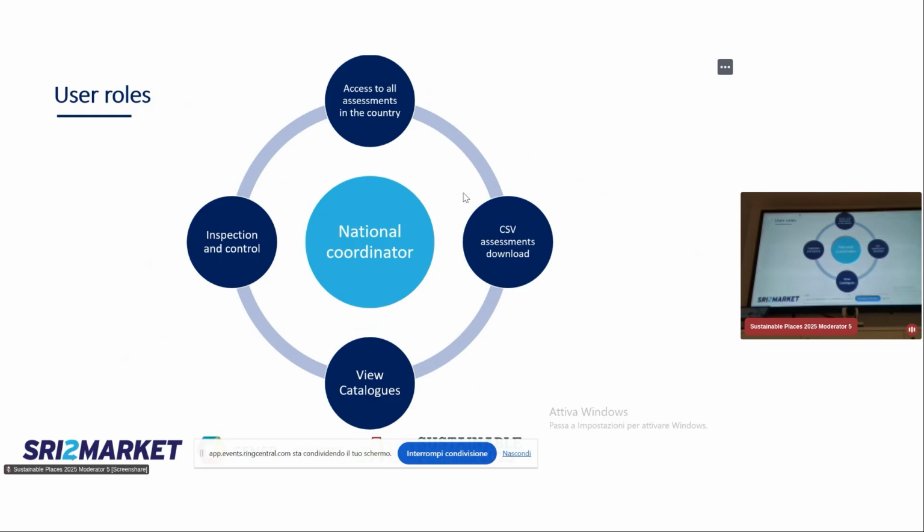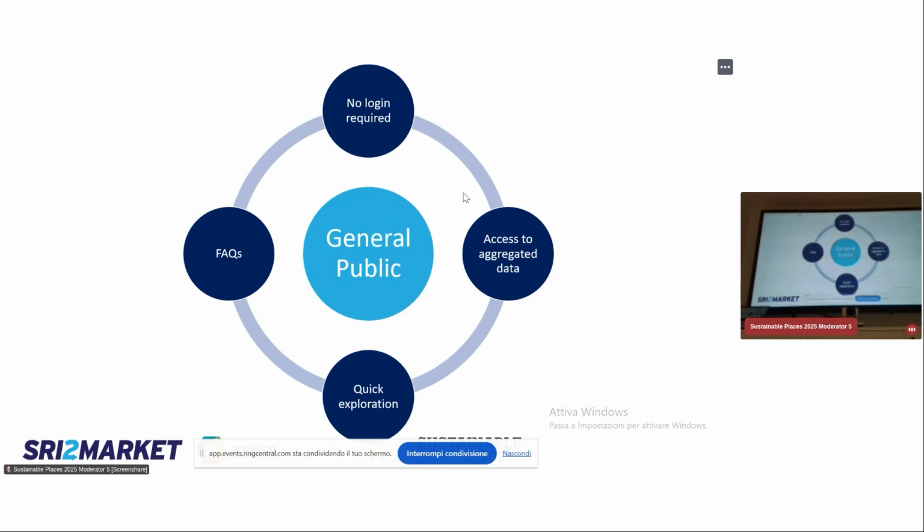They can view all the projects in the country, so they can provide inspection and control, and also view catalogs from the administration page. The difference with the national administrator is that this user role is also able to create and edit catalogs, okay? Modify the content of the catalogs, the scores of the functionalities, the weighting factors, and so on. So it's a higher level of management.